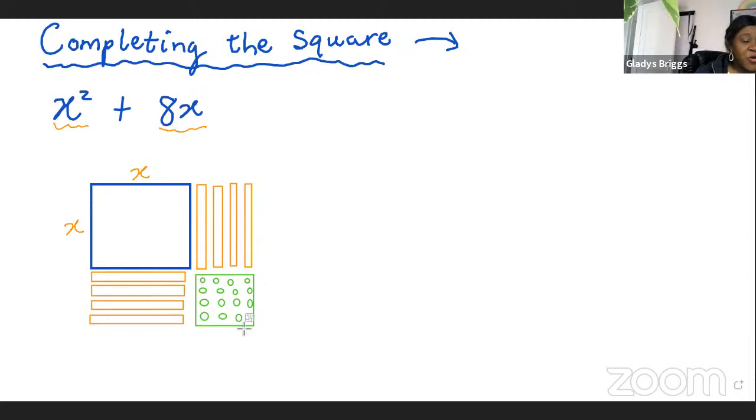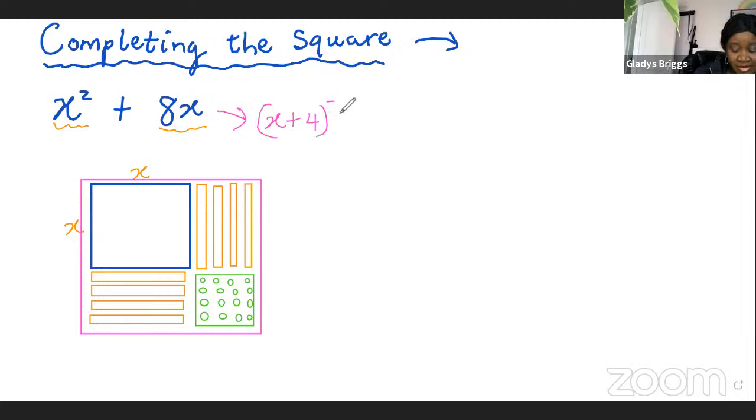So I need 4 by 4 to complete this big square. So I put this 4 by 4 square to complete it. That 4 by 4 square is 16. So to write this out now, I'm going to say that this is equal to x plus 4 squared plus 16.